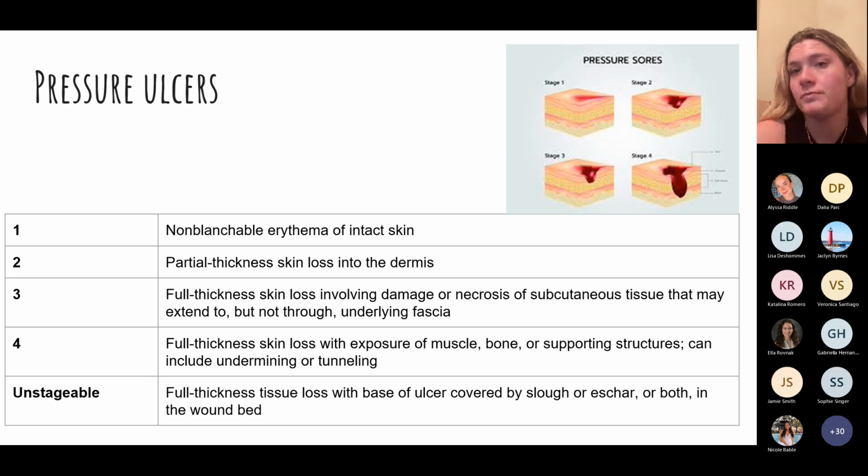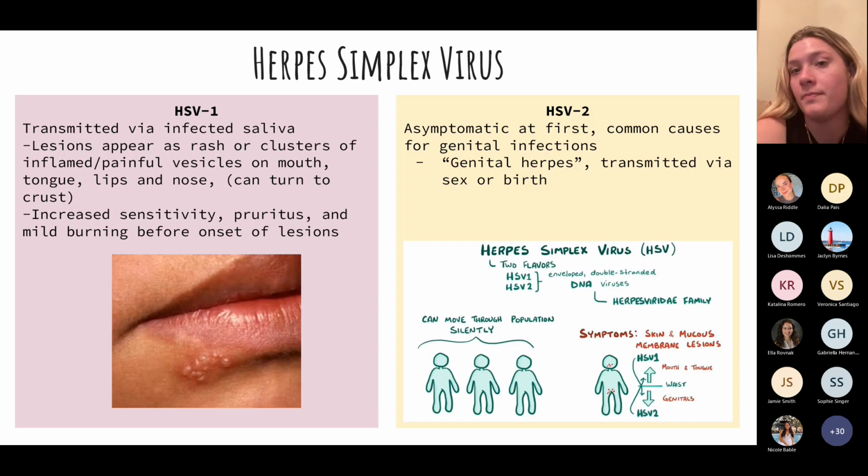It's going to tunnel. And finally, unstageable. This means that my pressure ulcer is covered in slough or eschar, meaning I can't see how deep the wound is because it's covered in something. So that's what we call unstageable, meaning I simply can't stage it because I can't see where it's going to.